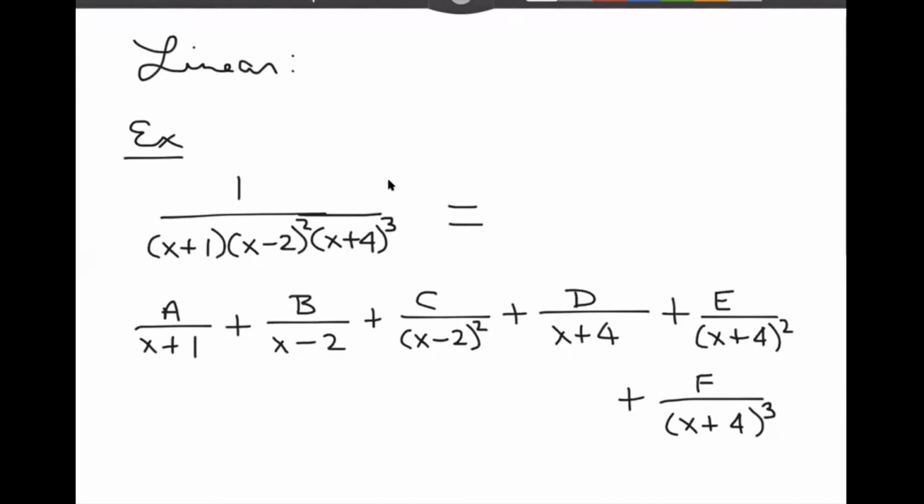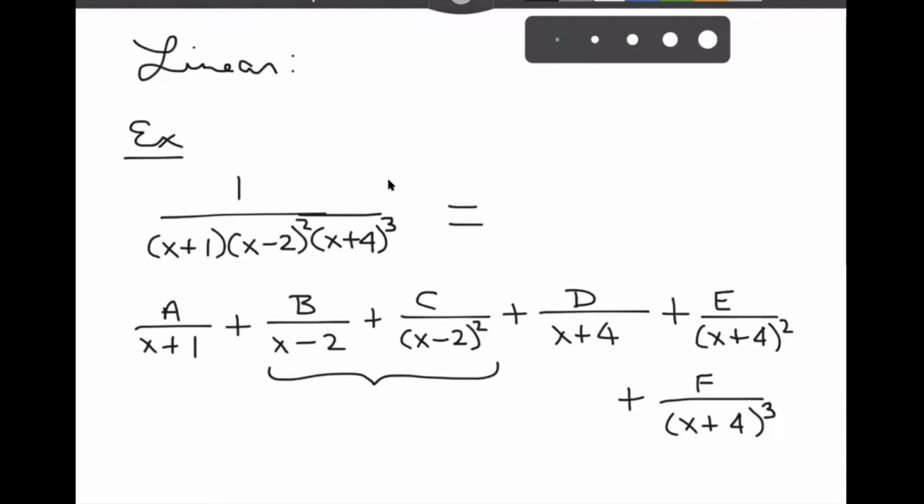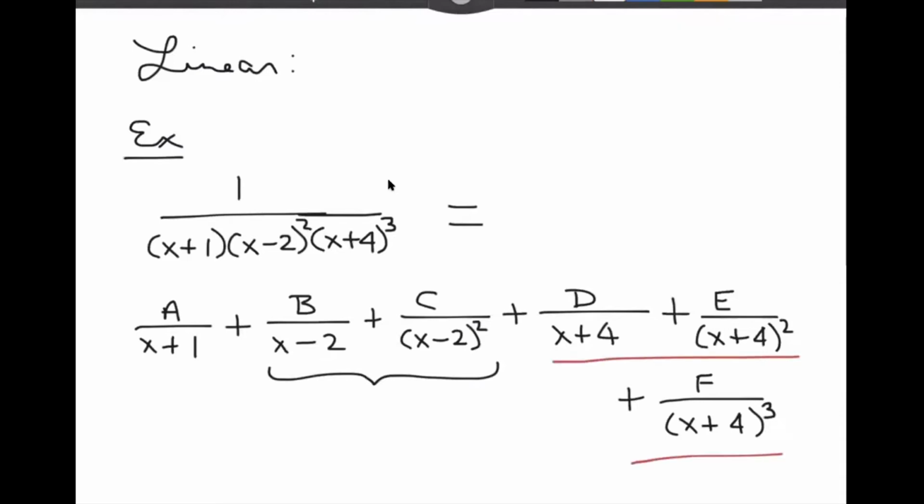Then the second linear factor has degree 2. With the ones that have exponents on them, you count up: you start with that linear factor to the first power, then second power, third power, fourth power, etc. Then finally do the same thing with x plus 4 cubed. So that requires 3 separate terms. Then basically what you have to do next is solve this equation for A, B, C, D, E, and F.